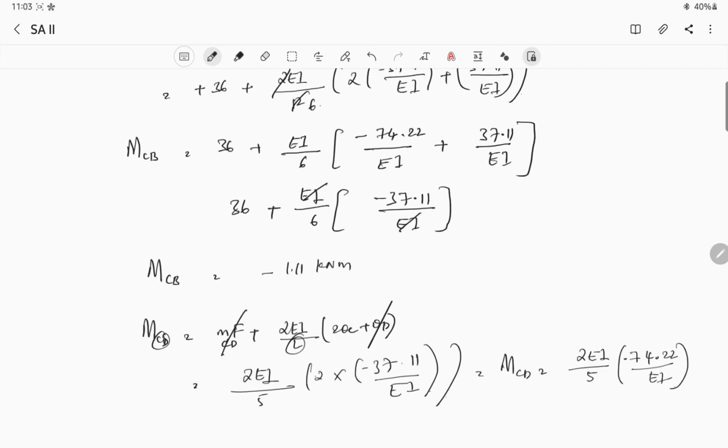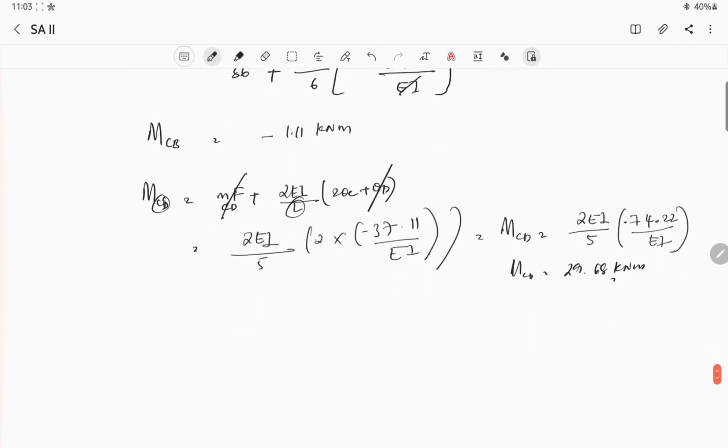Okay, so minus 74.22 into 2 whole divided by 5, 29.68. So MCD is equal to 29.68 kilonewton meter.